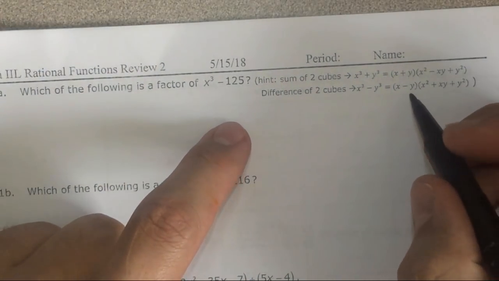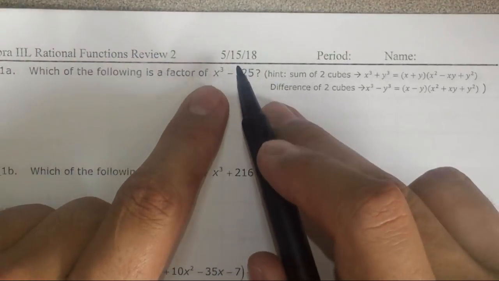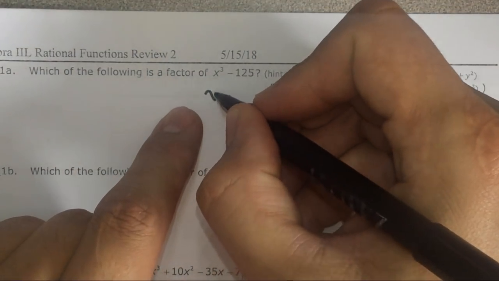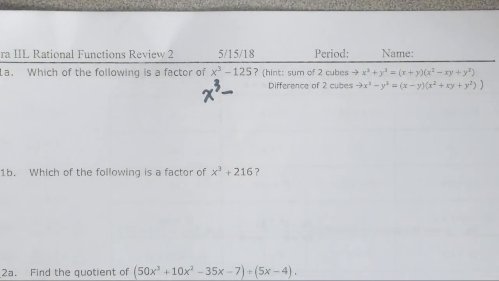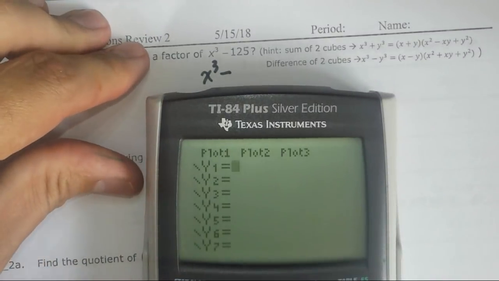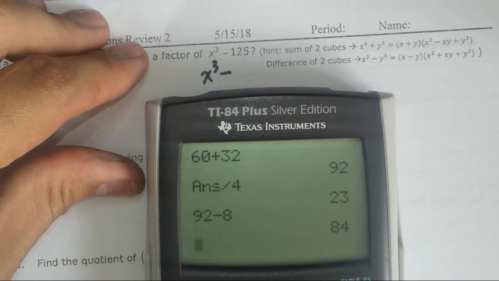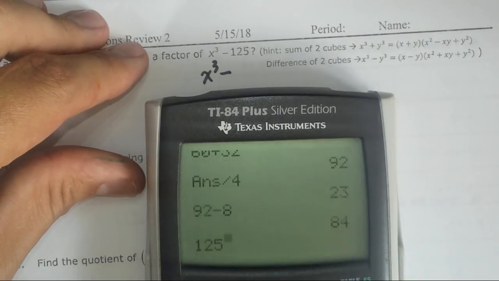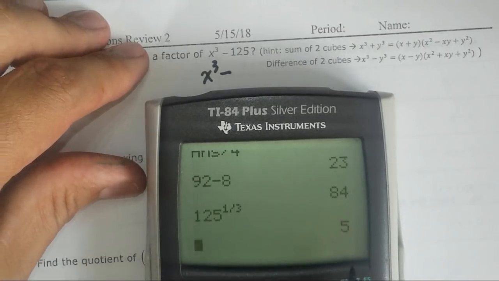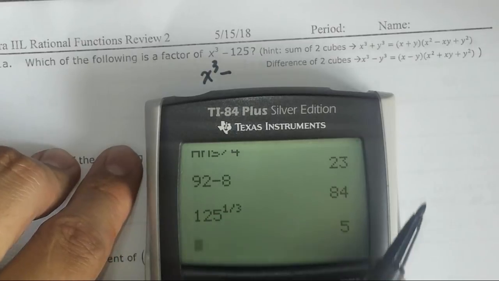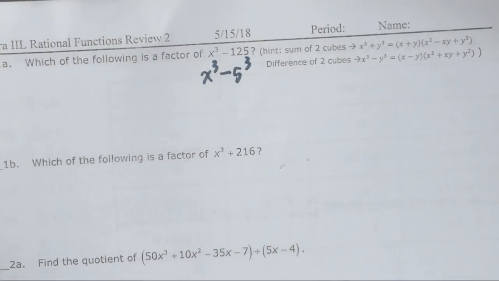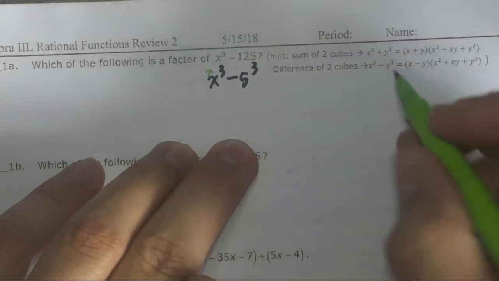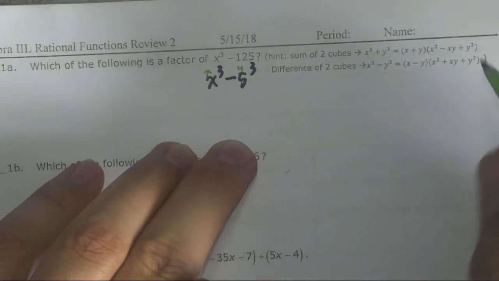The first one has a negative cube number here, which we have x to the third minus, and 125 is a perfect cube, which means we are going to do 125 to the 1/3 power, and that is 5. So this is minus 5 to the 3rd power. This x is my x, and this 5 is my y.